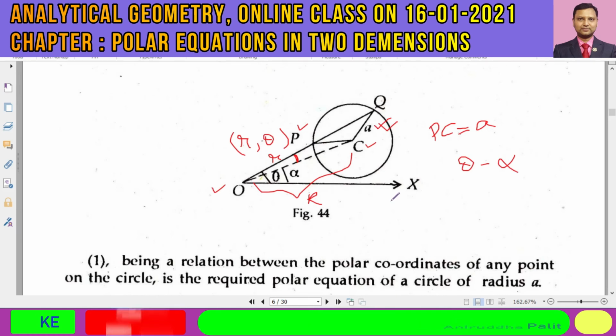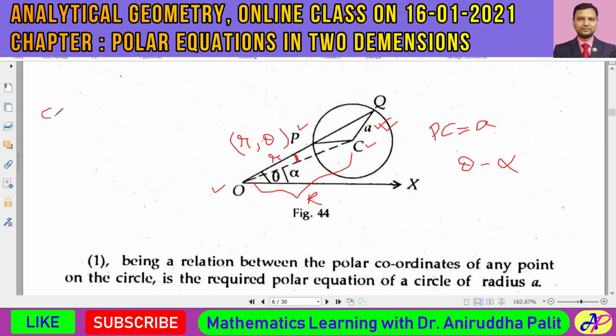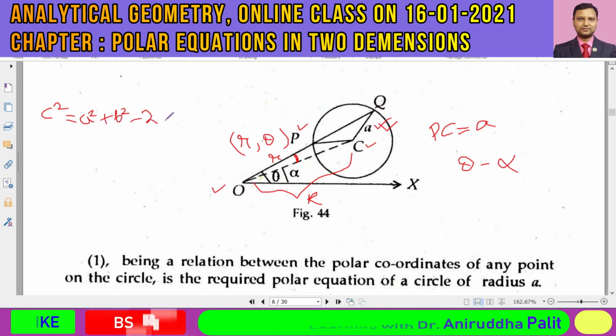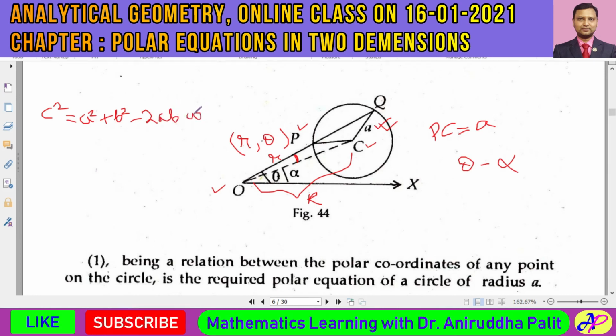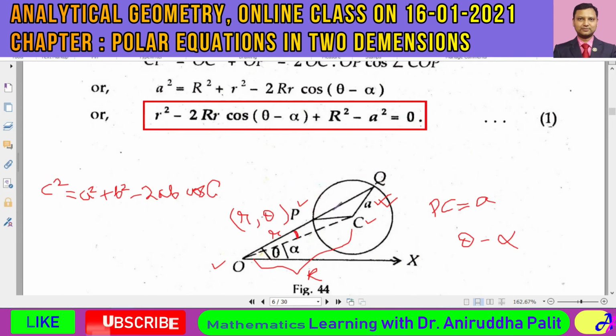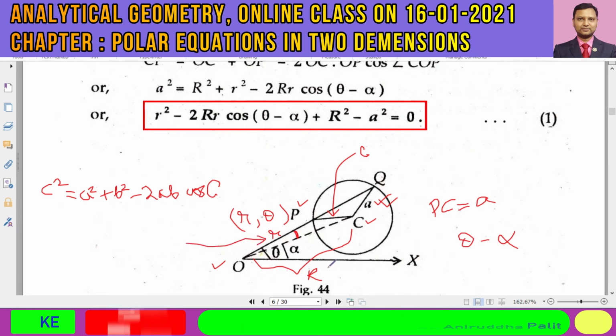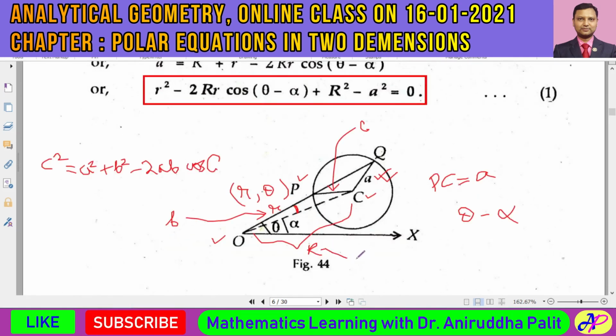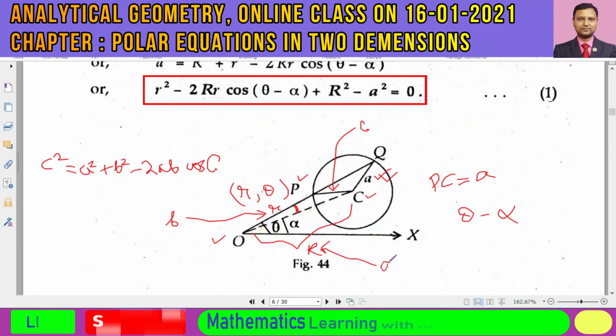Got it? And therefore, we can again apply the formula of a triangle that c square is equal to a square plus b square minus twice ab cos of capital C. Through this formula, this distance can be considered to be small c, this side can be considered to be b, and this side, this much length r, can be considered to be small a.